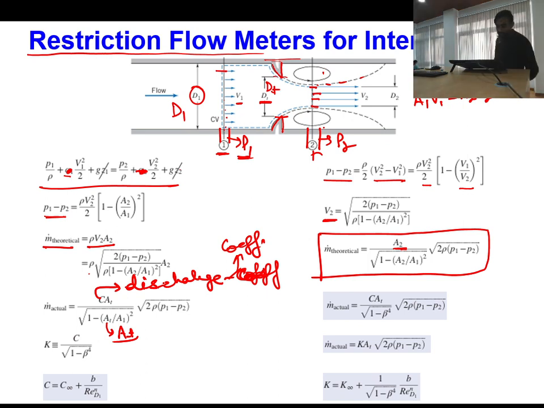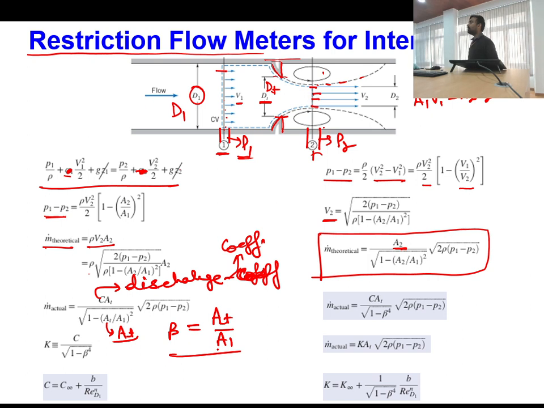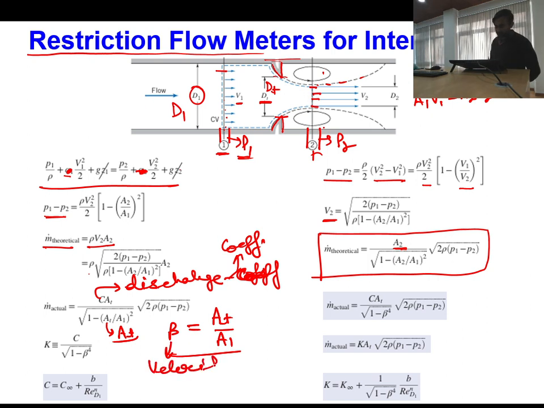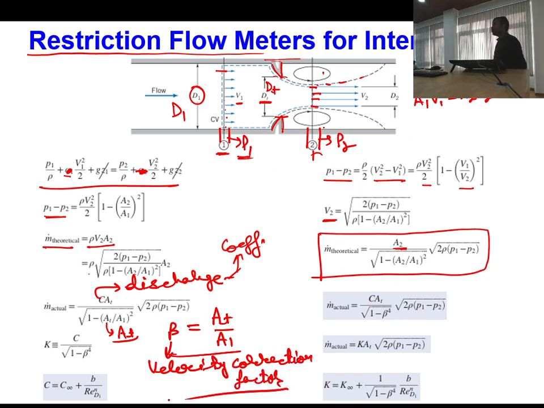Another simplification we can do is to define one more factor, beta, which is equal to the area of T divided by the area of 1. So I have defined one more coefficient, which is called the velocity defect factor or velocity correction factor.